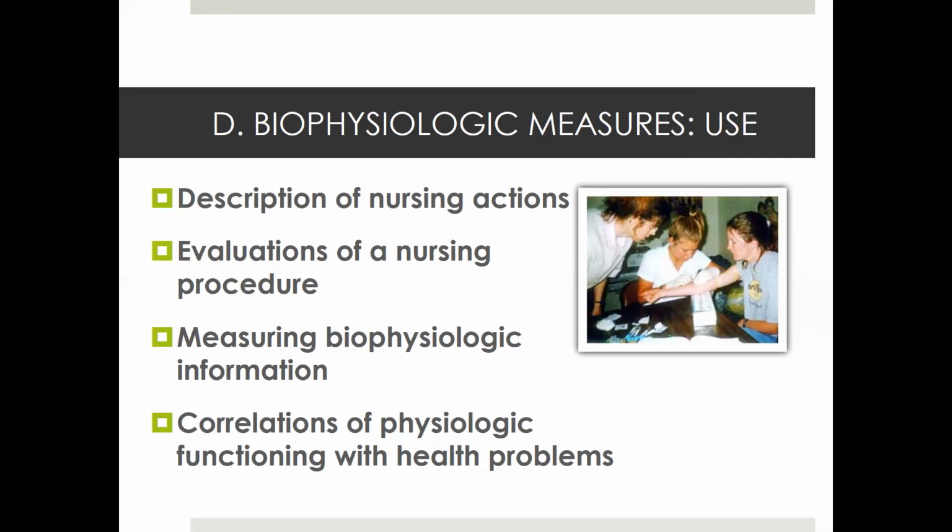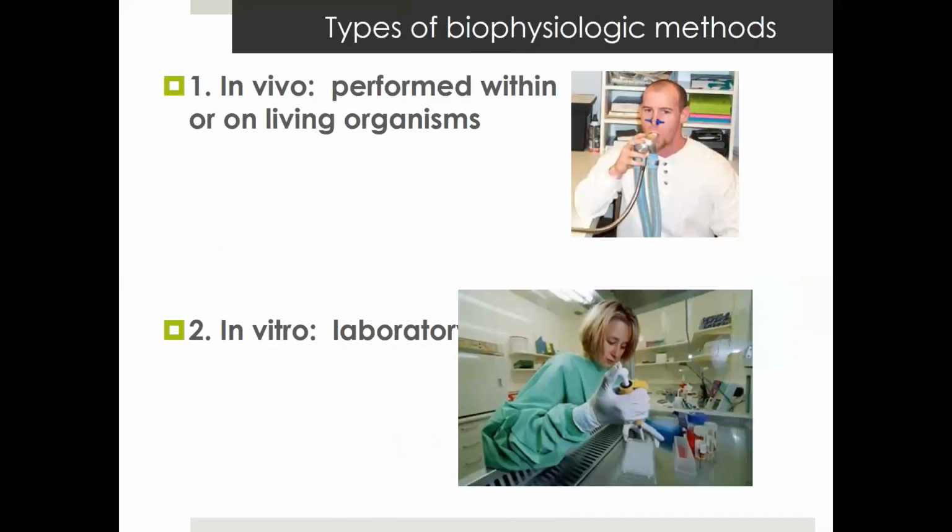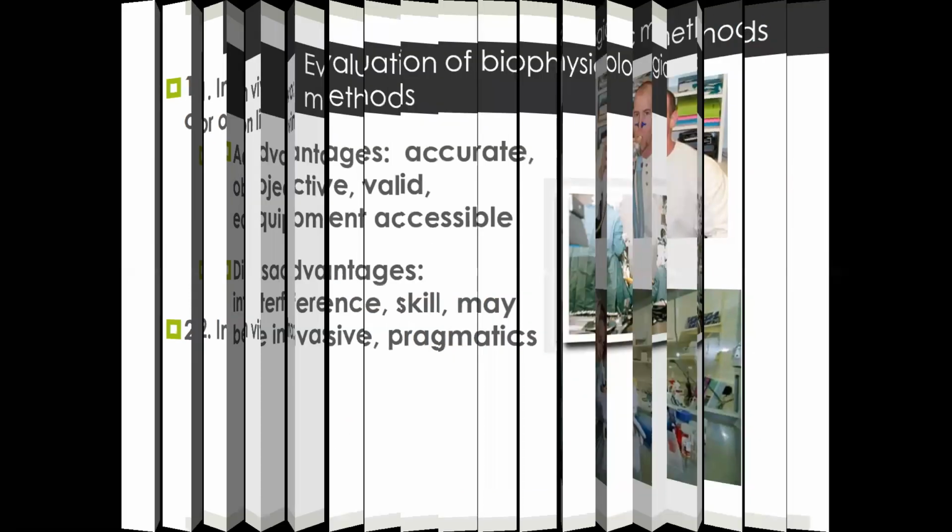All of these are measures that we're very comfortable doing as an RN. And then there are two types of biophysical measures. One is performed on living organisms, which is in vivo, and the other is in the laboratory, which is called in vitro. In vivo is living, in vitro is the laboratory study.